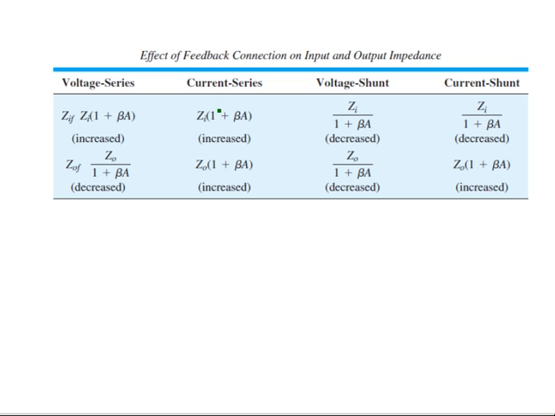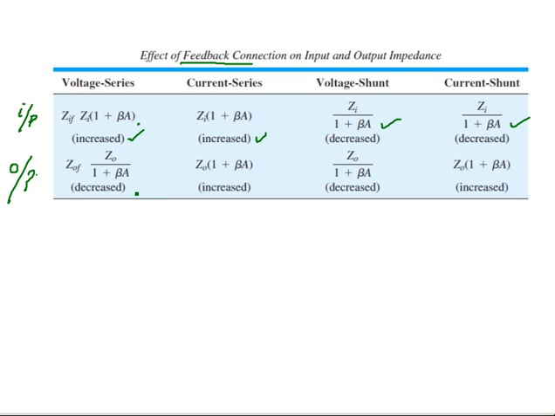These analyses can be tabulated together, and we can finally conclude the effect of each feedback connection on input and output impedance. Here you have the input impedance and here you have the output impedance. You see, for voltage series connection, the input impedance is increased. For current series also, it is increased by a factor 1 plus beta A. Then for voltage shunt and current shunt, it is decreased by a factor 1 plus beta A. What about output impedance?